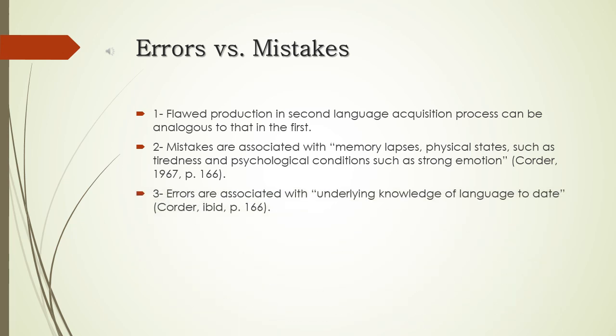On the other end of the spectrum, other instances of flawed production stem not from a lack of linguistic competence, but rather from language exogenous factors such as memory lapses, stress, and fatigue. In these cases, learners do recognize language governing patterns, yet they fail to translate this knowledge to correct performance. Such instances of flawed production are reported to be of a lesser frequency and systematicity than the ones stemming from a lack in linguistic competence.